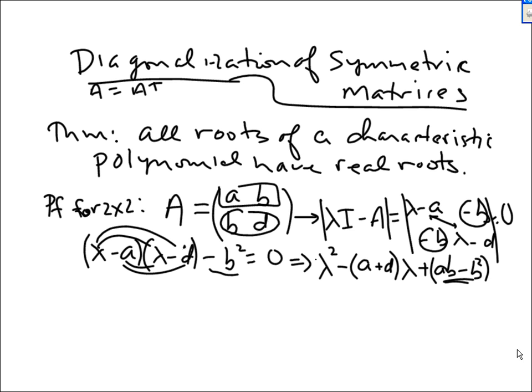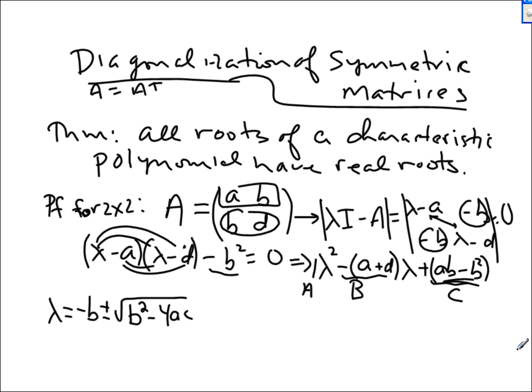So in terms of the quadratic formula, a is 1, b is negative (a plus d), and c is ad minus b squared. So what we want is lambda equals negative b plus or minus the square root of b squared minus 4ac, all divided by twice a.